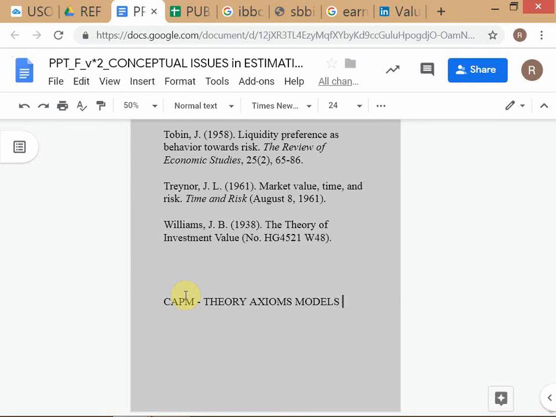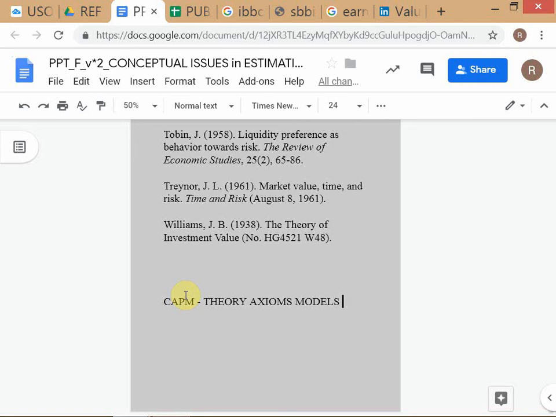Then another point is that a model is a purposeful representation of a reality. So what is the reality? Reality is that there is a difference between debt and equity. The equity shareholders assume more risk. The question is how you measure that risk. It could be done subjectively, your assessment, my assessment.